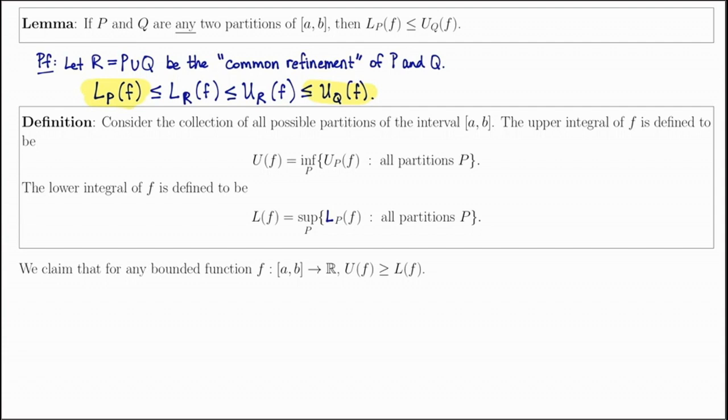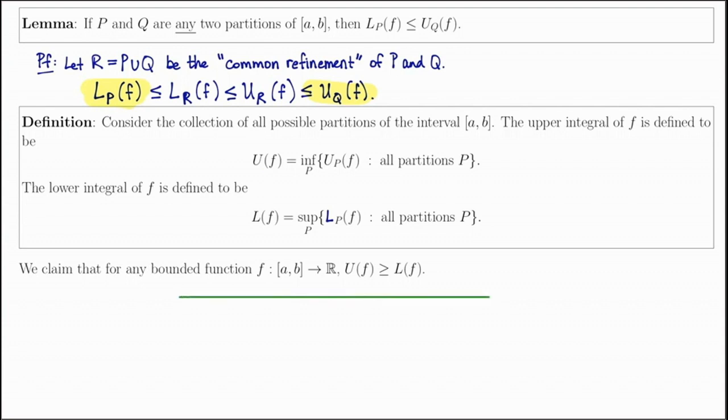So by the supremum property, there is a least upper bound, and we can define a supremum. At the top of the page, we said that all upper sums of f with respect to any partition are greater than or equal to all lower sums of f with respect to any partition. Our new claim is that the upper integral of f is greater than or equal to the lower integral of f. This proof is not too hard.